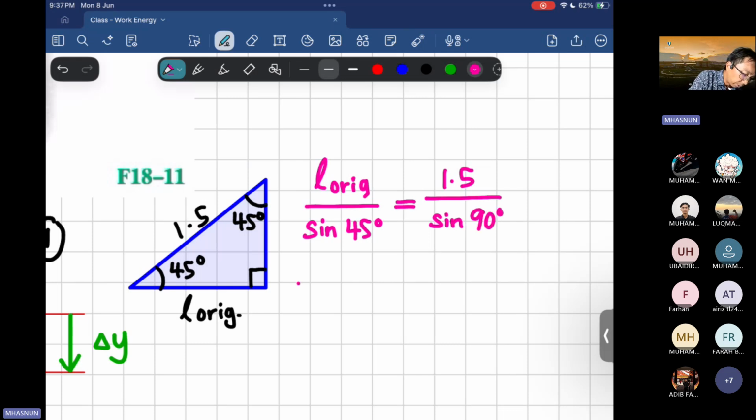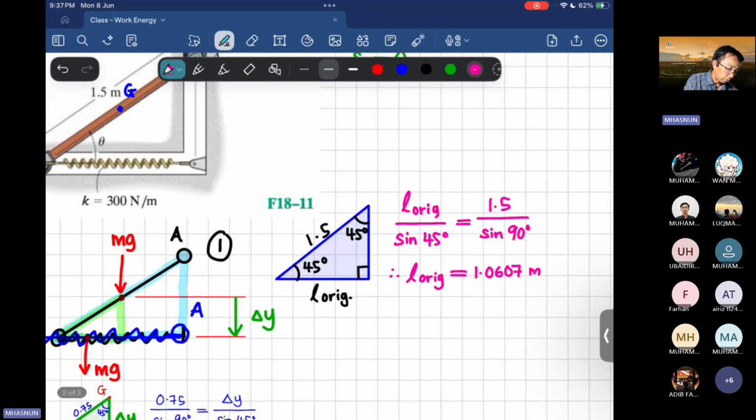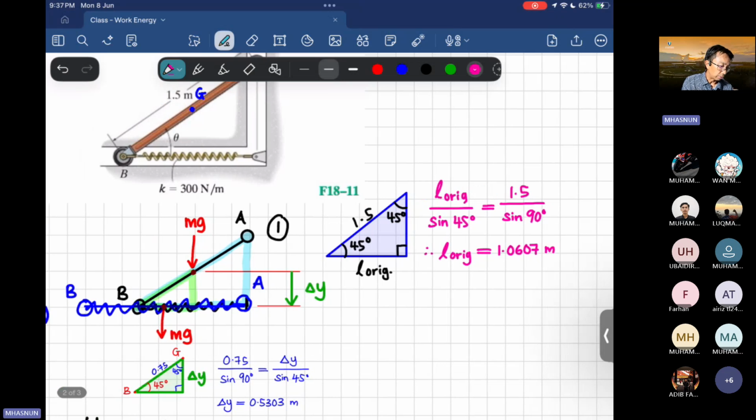Okay, so from here we can get the value of L original ataupun original length of the spring, which is equal to 1.0607 meter. Okay, this is the original length of the spring. Okay, so now the original length kita dah tahu.